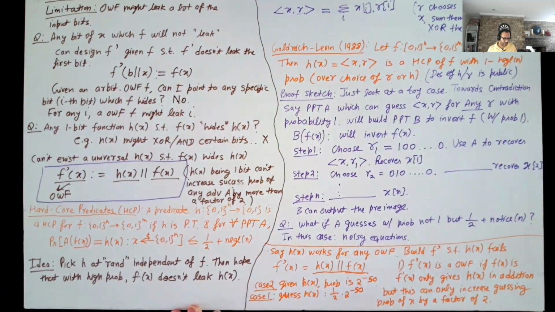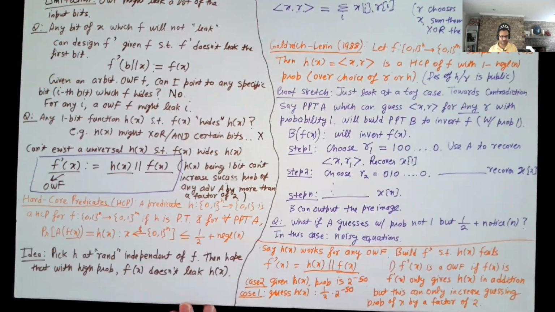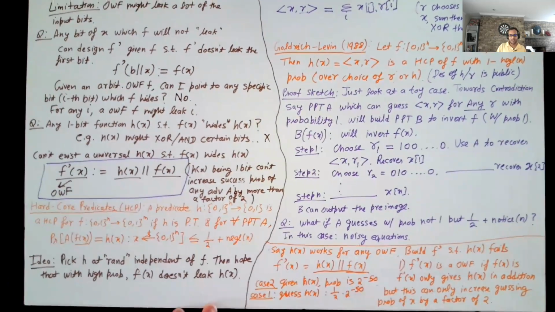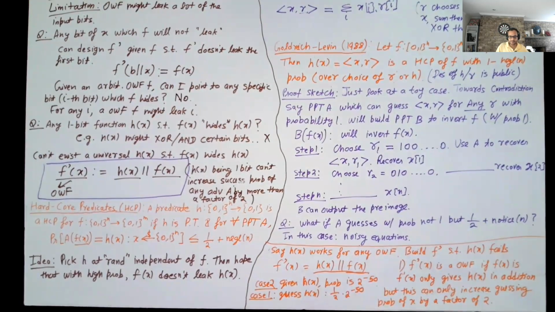So the point is that if I just give you 1 bit, it's something which you could have even guessed on your own. So that's not something which is going to help you that much. Okay, anything else?